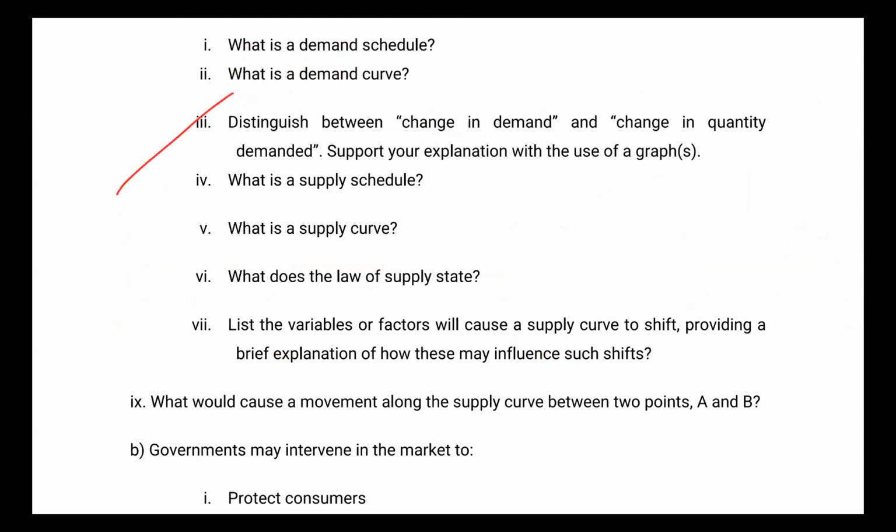Distinguish between change in demand and change in quantity demanded. Support the explanation with the use of graphs. You can just mention it, then I'll help you show that using graphs. What is the difference between change in demand and change in quantity demanded? Anybody?